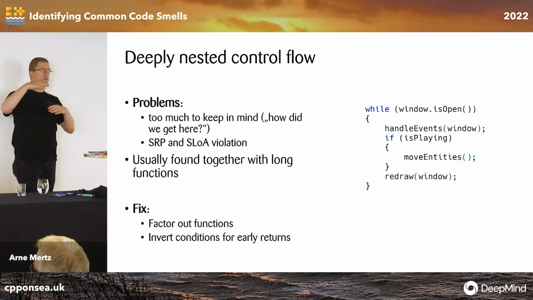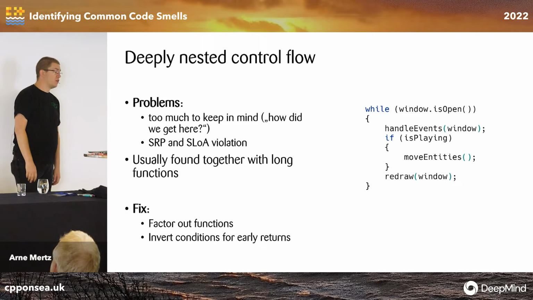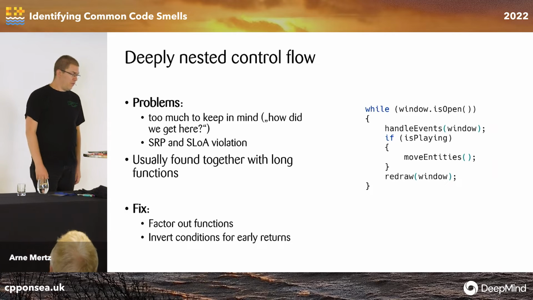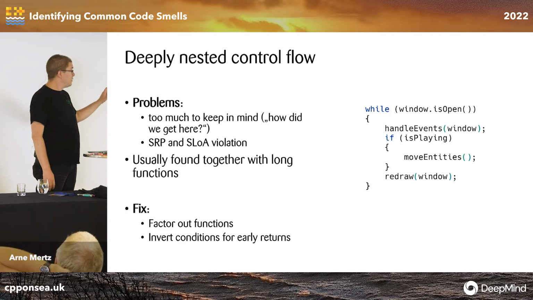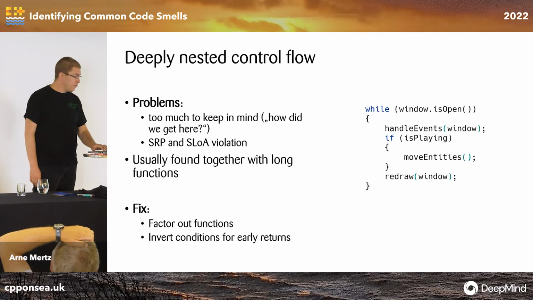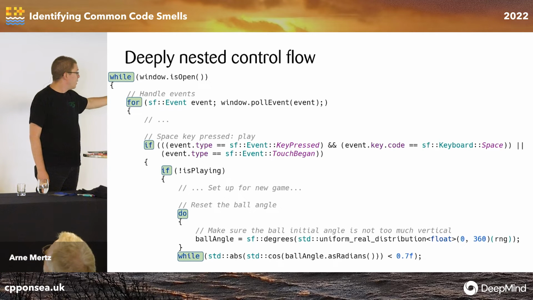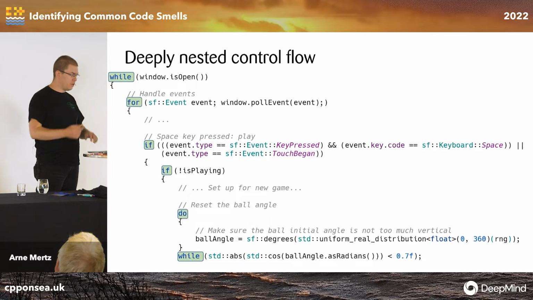We factor out the if block bodies or the while loop bodies to other functions. I factored this out, and you see basically if not is playing, then, I turned the if condition around.